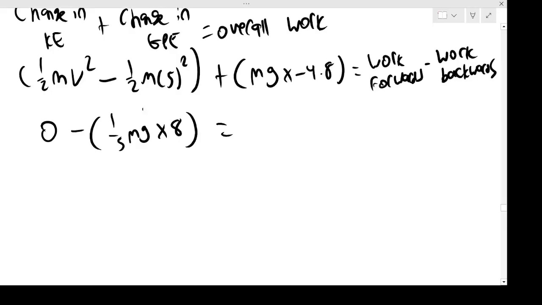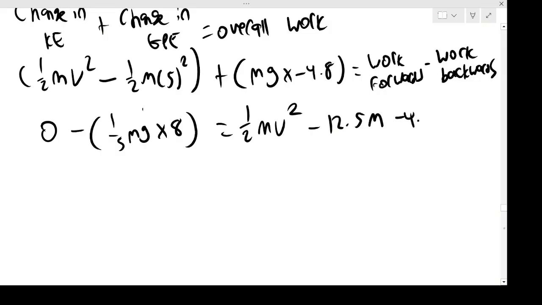Then that's just going to equal half mv squared. So there's going to be a bit of algebra here. And then minus a half m times 5 squared. So that's a half times 5 squared, which is 12.5 m.